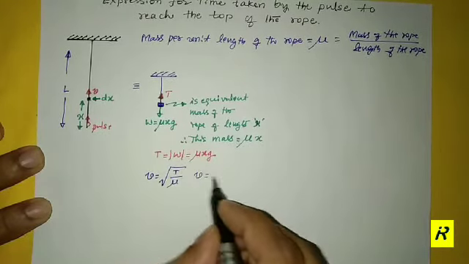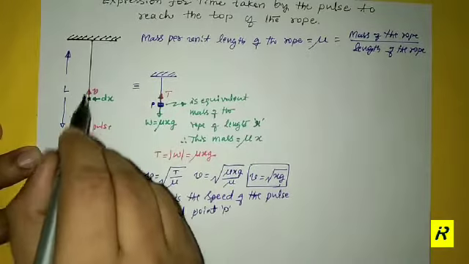This is the speed of the pulse at that point, say point p, and it is moving upward.